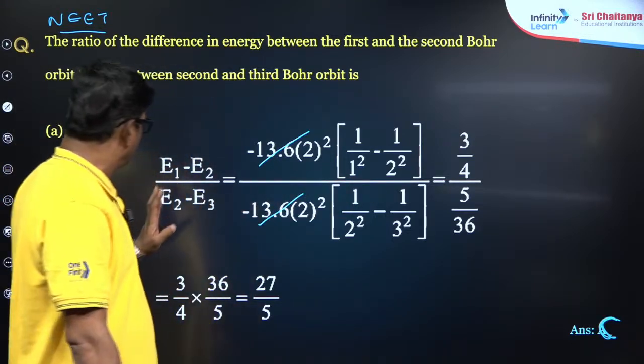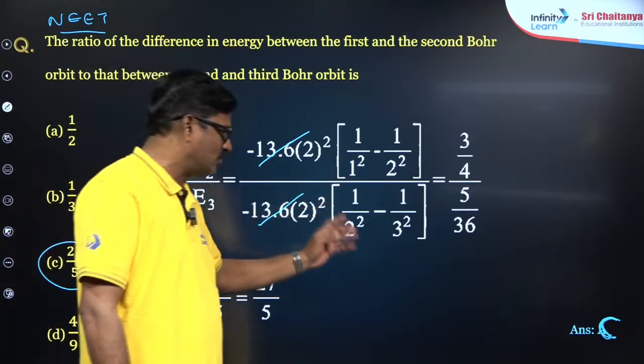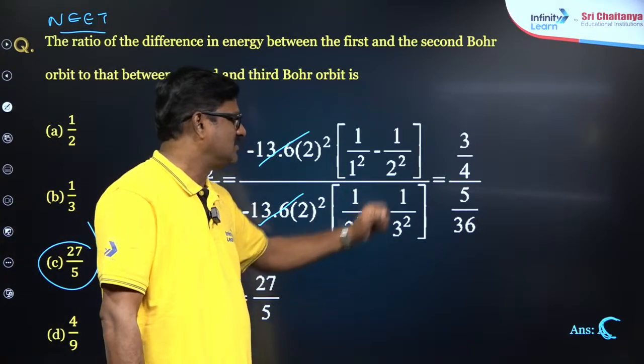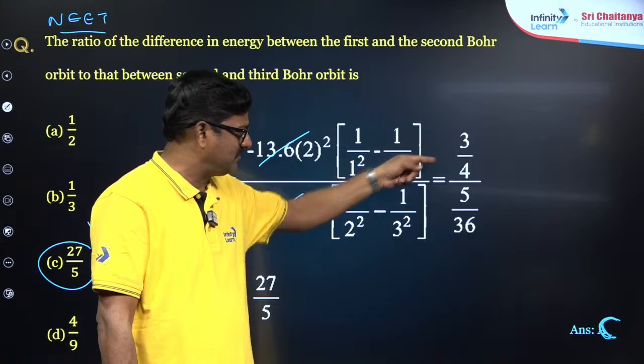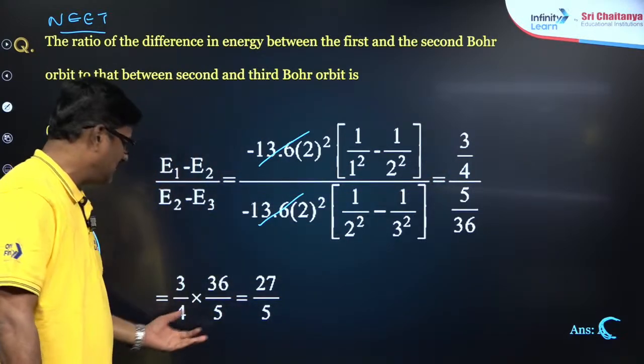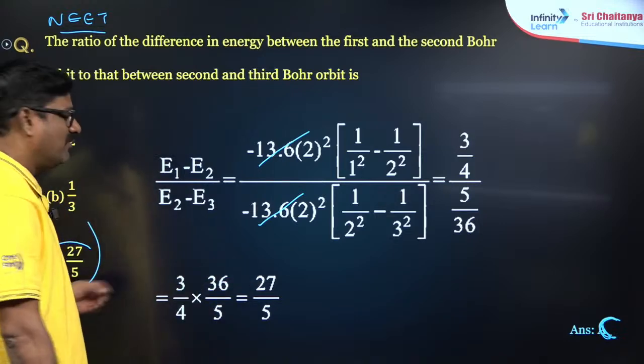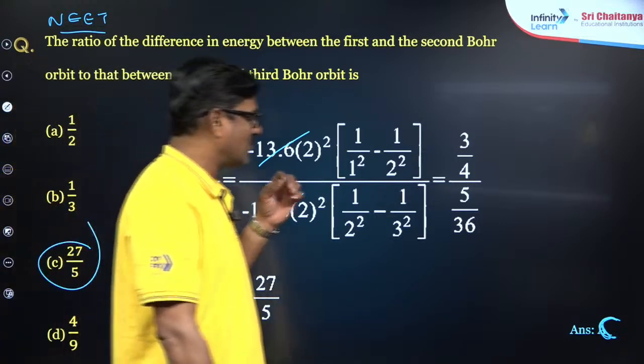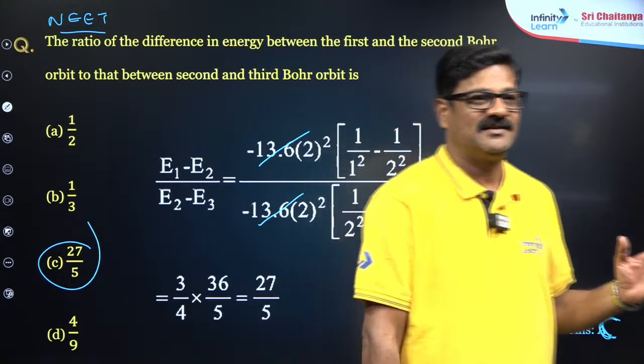So it is going to be 1/2 square minus 1/3 square, that is 5/36. The ratio of 3/4 and 5/36 will come, 27/5. Maunika has given an extraordinary answer.